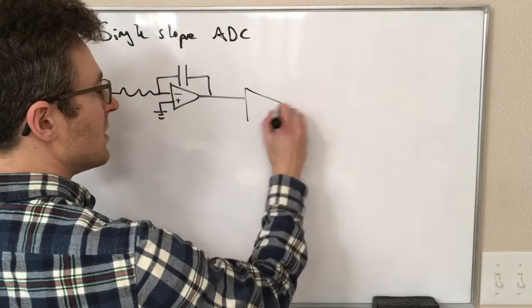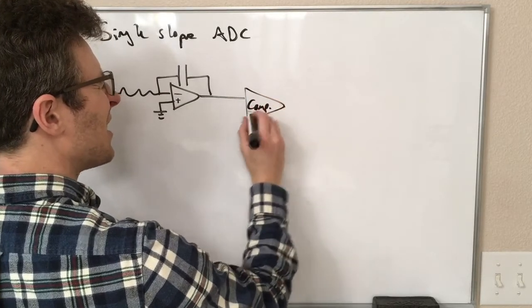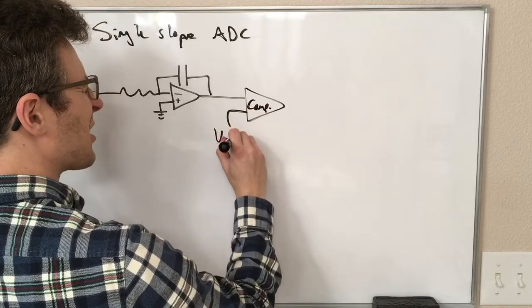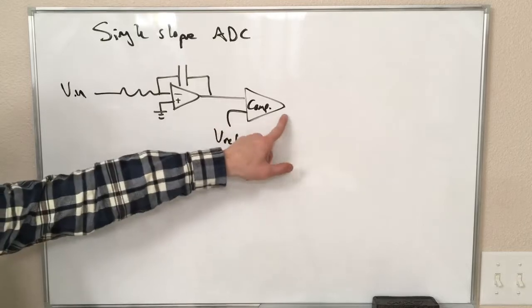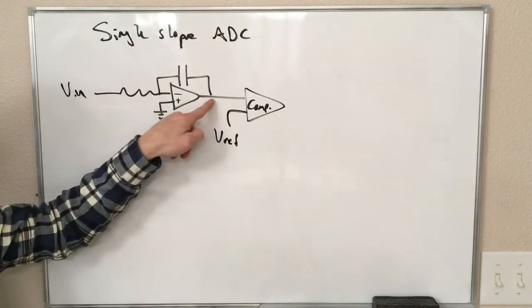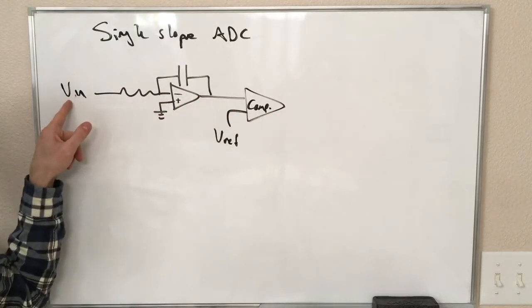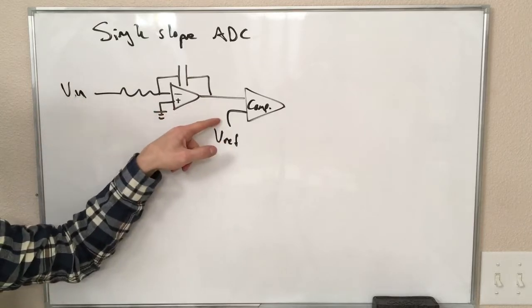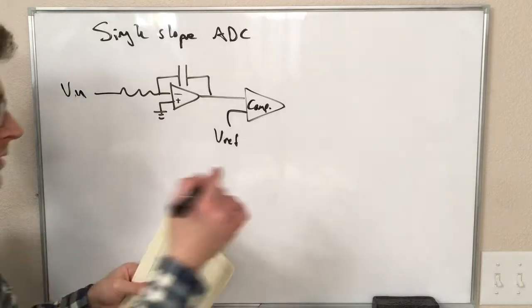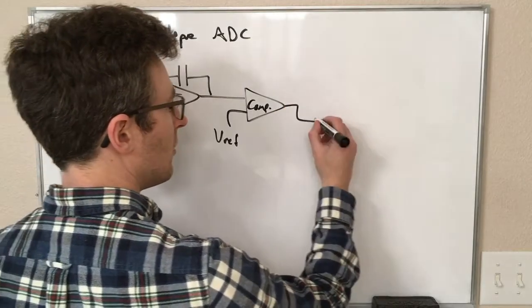This we send to a comparator that compares this voltage to a known reference voltage. So this changes its output when our input has been on for long enough and strong enough for this to overtake this reference voltage.